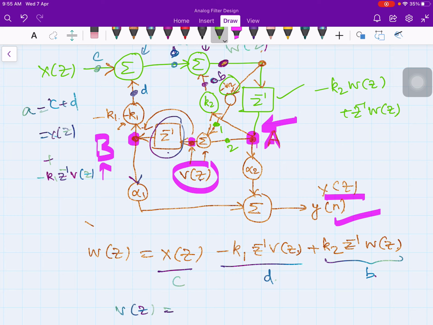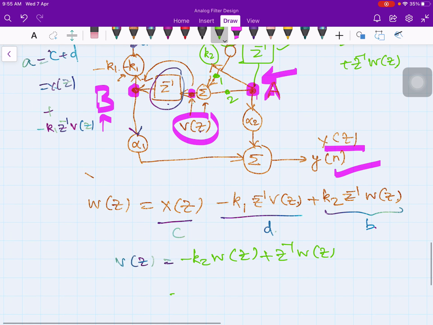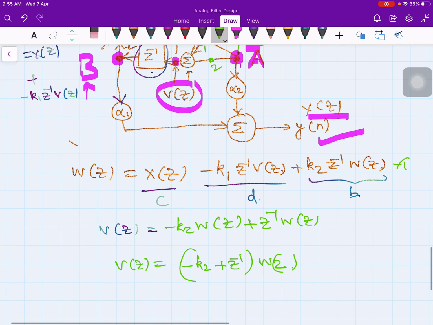So therefore minus k2 w of z plus z inverse w of z, that is minus k2 plus z inverse multiplied by w of z. This is v of z. Let me call this equation number 1 and equation 2. Now you can eliminate one variable from these two equations.